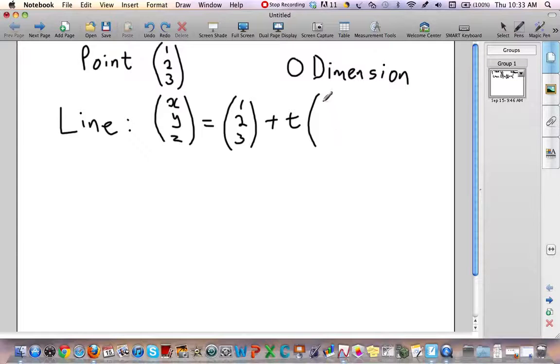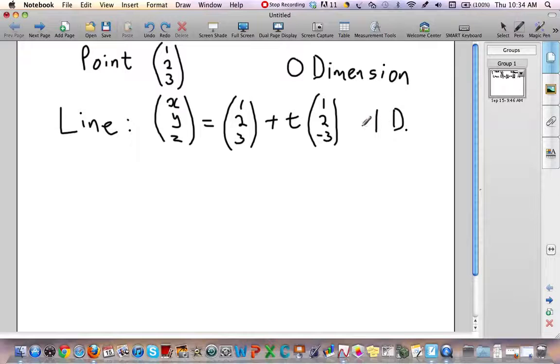In this particular case we'll use the direction 1, 2, minus 3, and what we have is a vector equation of a line in space, and in this case what we've done is we've added a dimension in the sense that lines will have length, no depth, and no height.